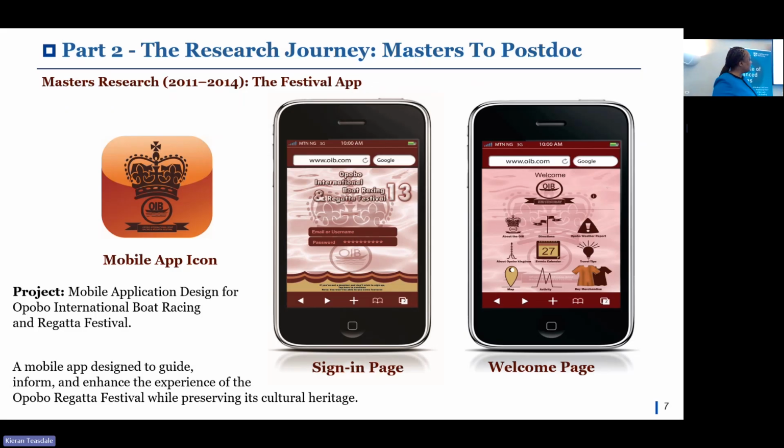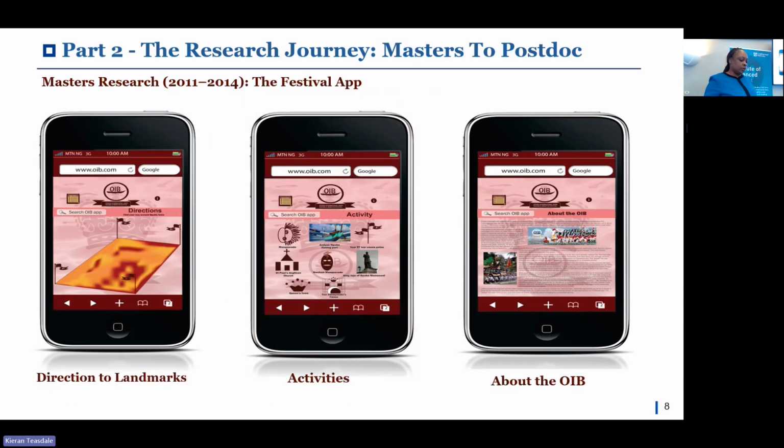What became increasingly clear was that the festival itself was only on the surface, the visible graphic heritage we could see.